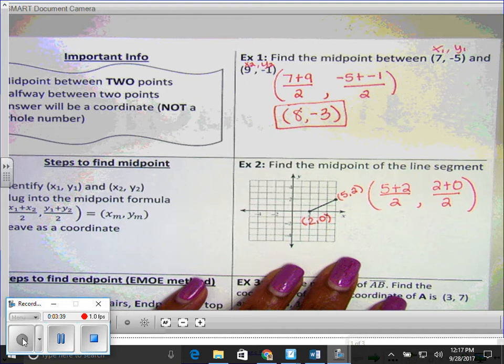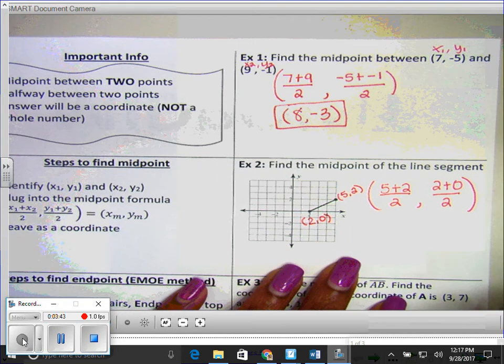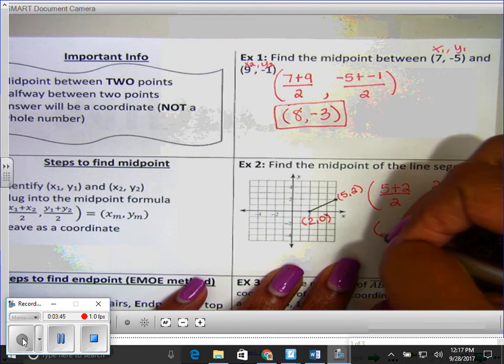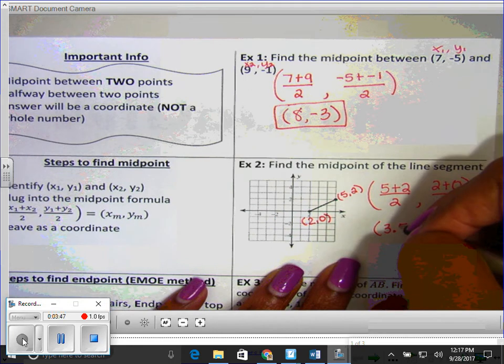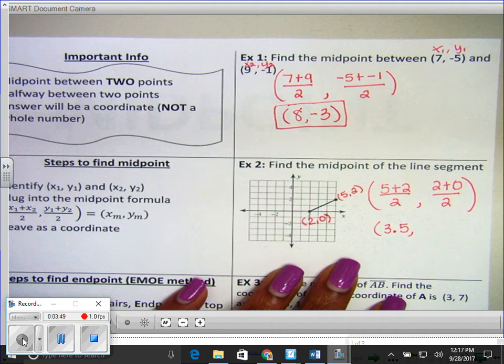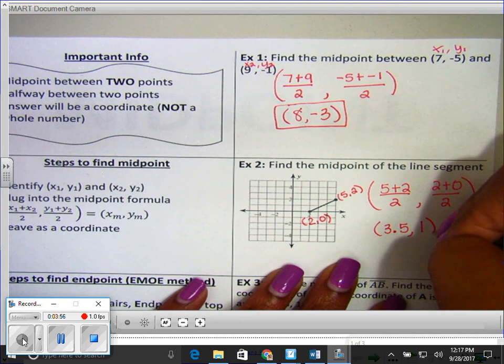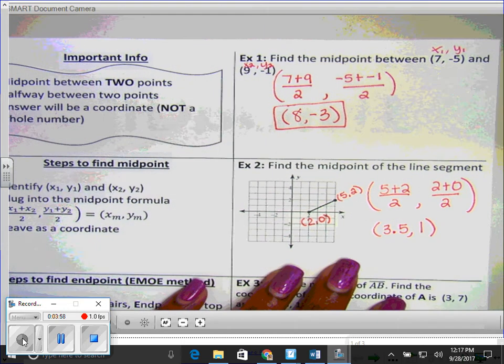All right, so what's 5 plus 2? 7. And then 7 divided by 2 is 3.5. Good. And then 2 plus 0, 2 divided by 2, 1. So the ordered pair for this midpoint is (3.5, 1).